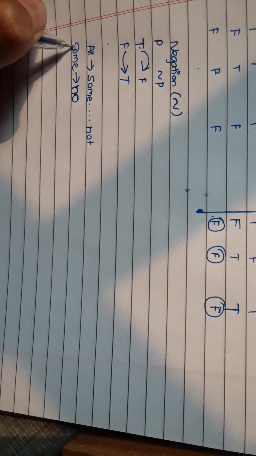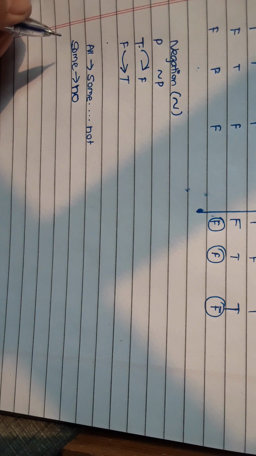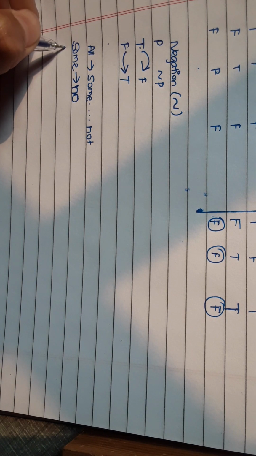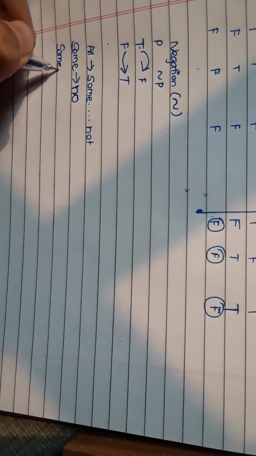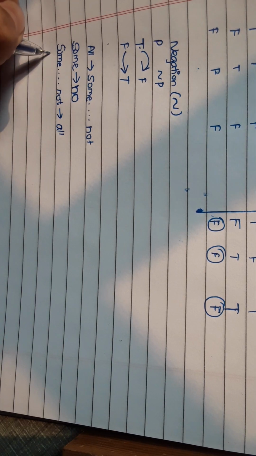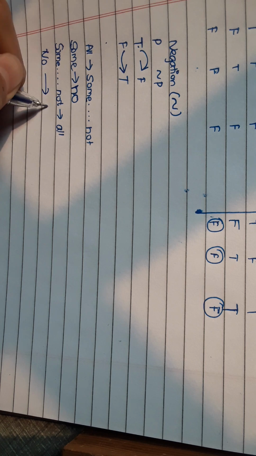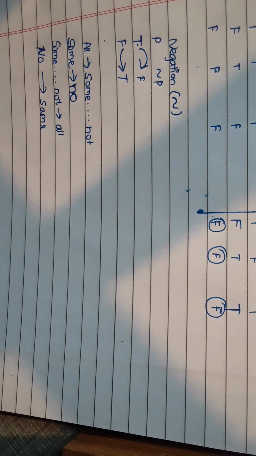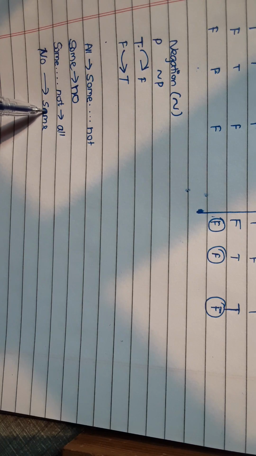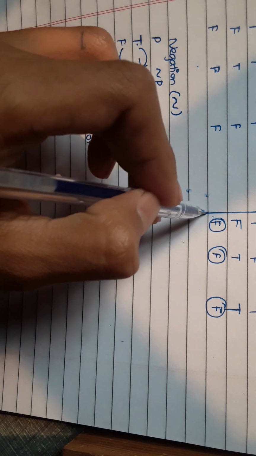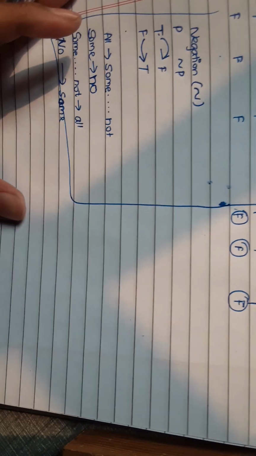Like "somebody has stolen the key" becomes "nobody has stolen the key". "Some not" changes into "all" again, and "no" changes into "some". I'm sorry. That's this much about negation.